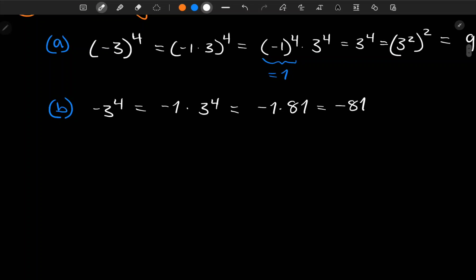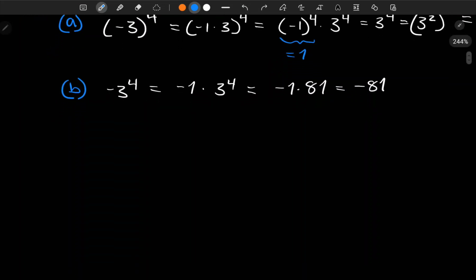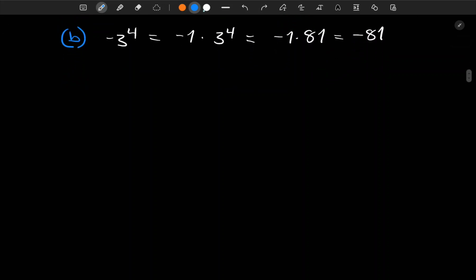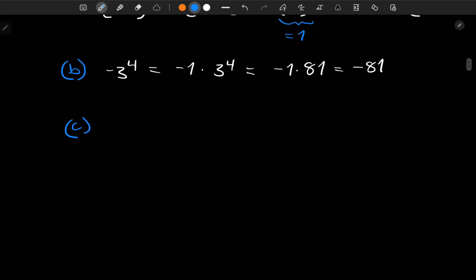So we notice the difference between having parentheses and not having parentheses when it comes to exponents. Moving on, we can also look at what if now we have a negative exponent. So what if we have 3^(-4)?